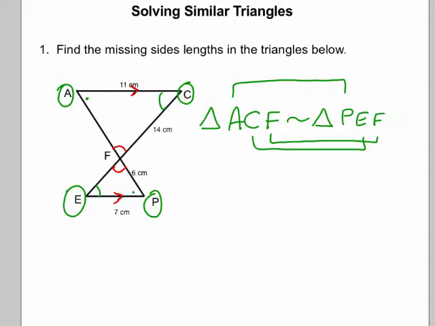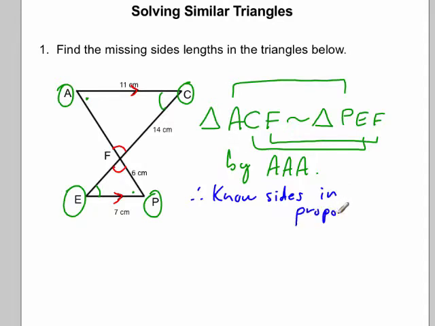So our two triangles are similar by 3 angles in one equaling 3 angles in the other, and my abbreviation for that is AAA. Because I know that 3 angles are equal in the two triangles, I therefore know the sides are in proportion, because remember, for triangles, if I know one of the similar conditions, the other one will automatically hold.